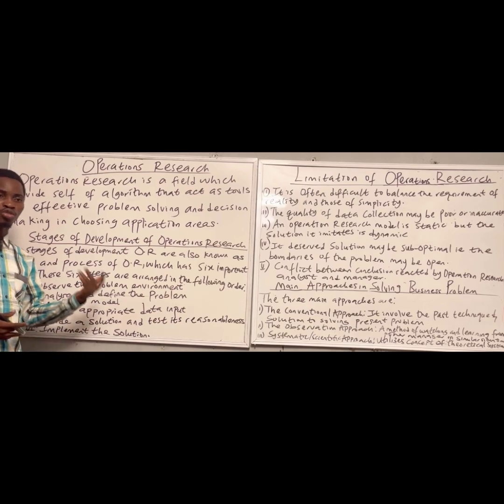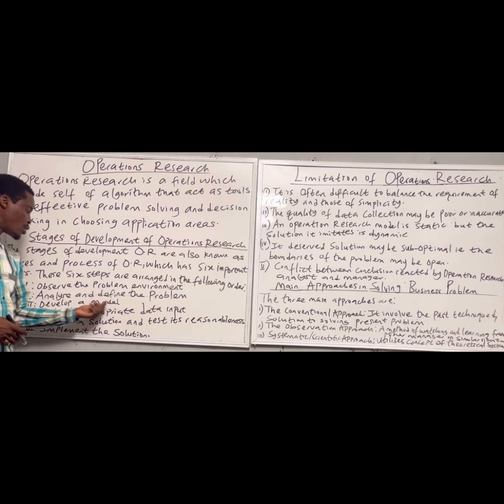Then we formulate the constraints and write down the decision variables on how to solve the problem, translating it into mathematical formulation. So after we analyze and define the problem, we develop a model by translating it into a mathematical formulation.